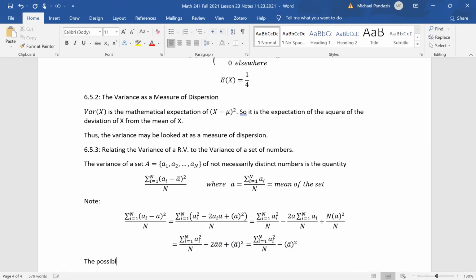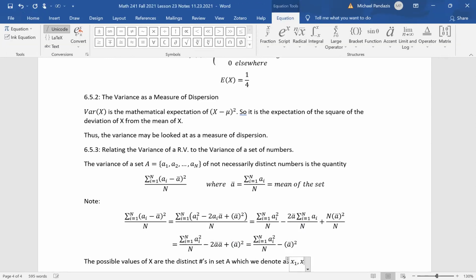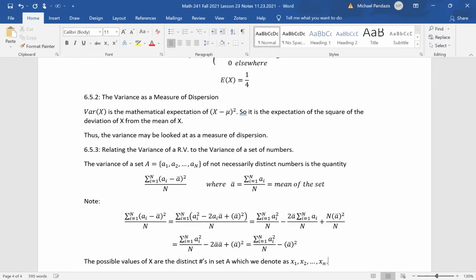Okay, so the possible values of X are the distinct numbers in set capital A, which we denote here as x1, x2, up to xn.